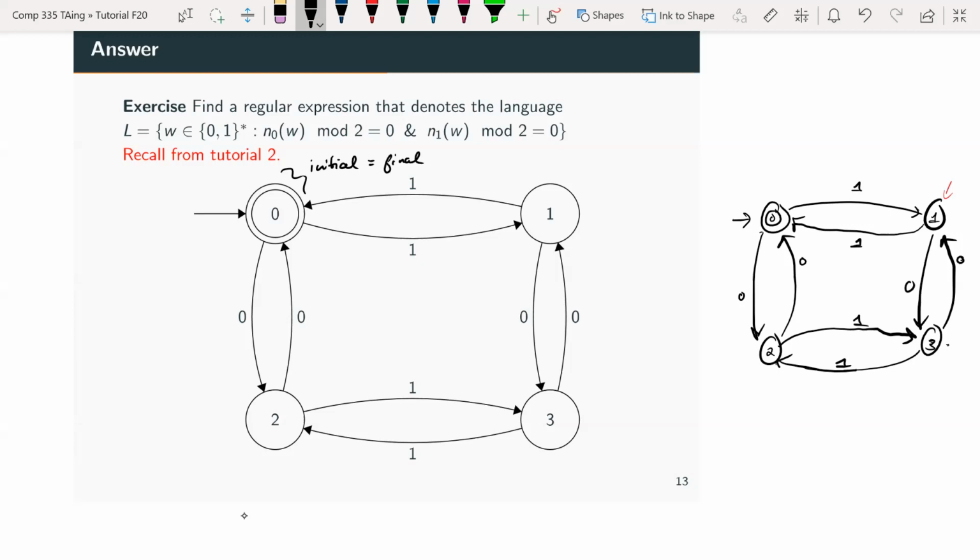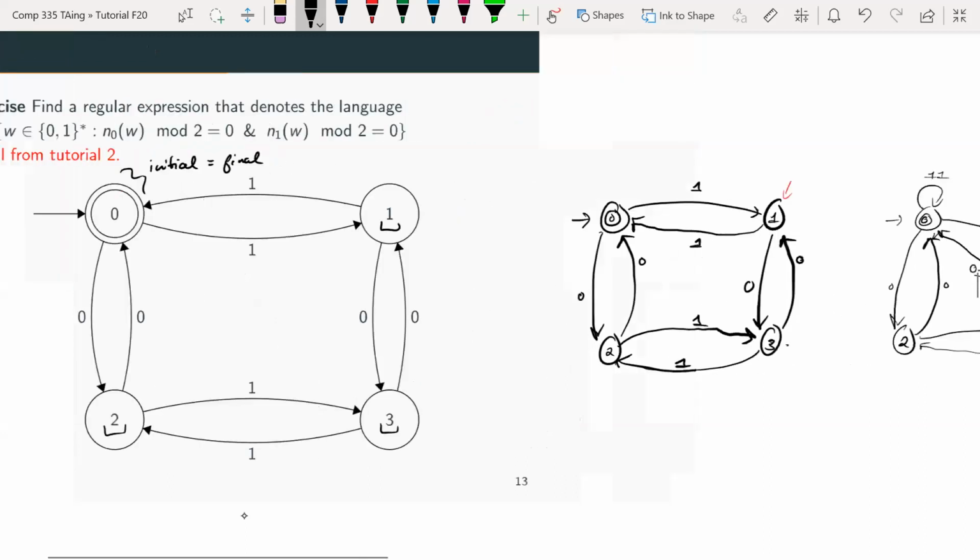Essentially, what we need to do is take each of these intermediate states and remove them one by one, while preserving the transitions. I don't want to lose any of the information given by my NFA.